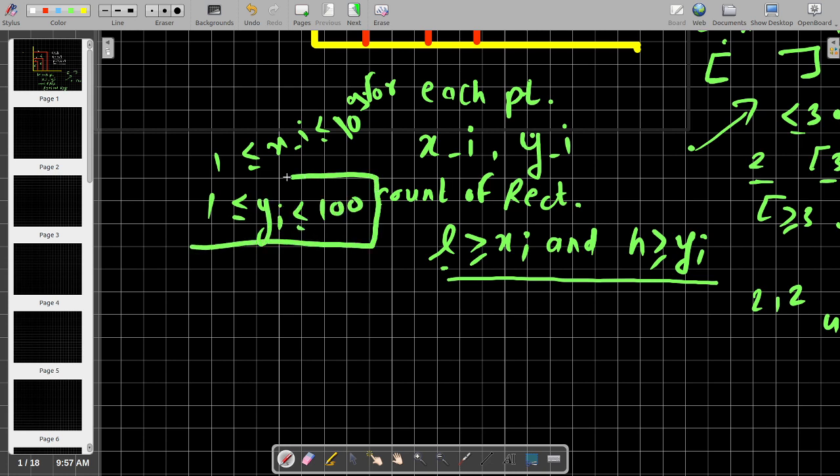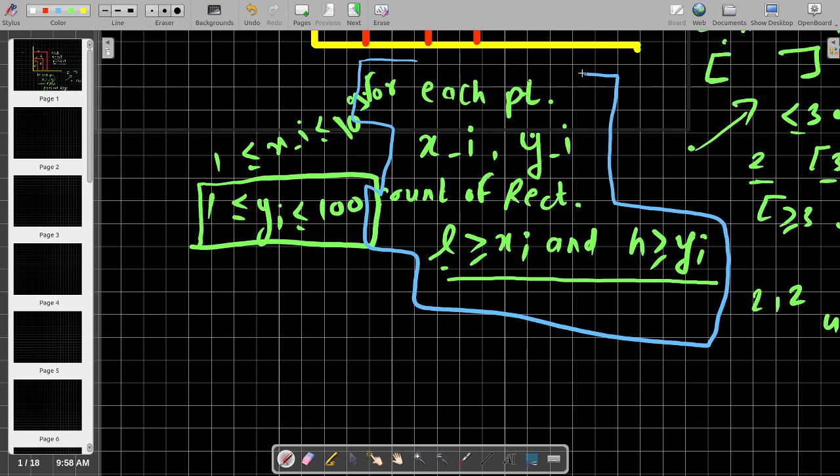This is the main hint to solve the question. Remember that our task was the count of rectangles. Let me borderline the task. This was our task converted to simple language.